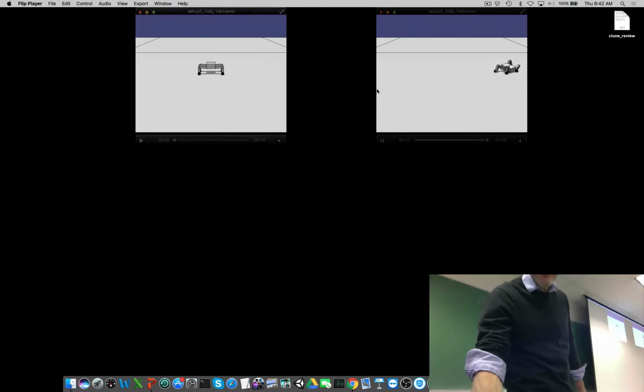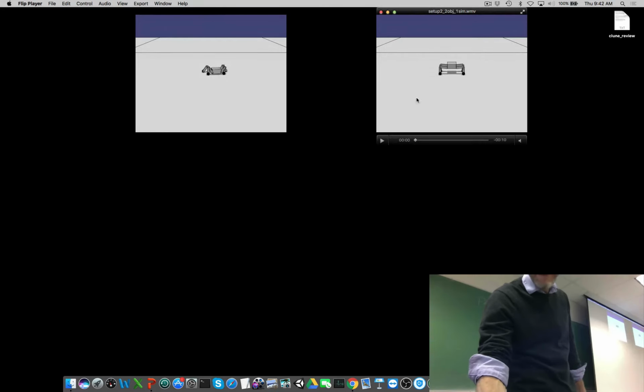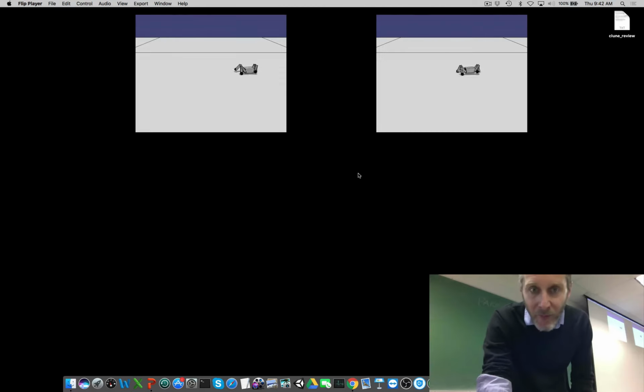Other observations? The second one is holding its body higher off the ground. Think its body is a little bit higher off the ground? Possibly. Other observations? The second one is rocking back and forth a little bit. More or less? More?